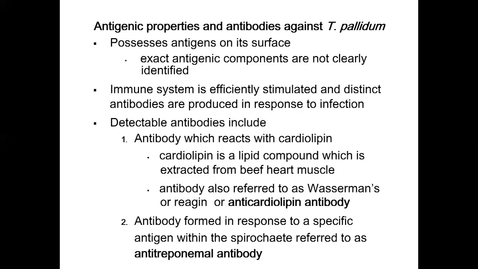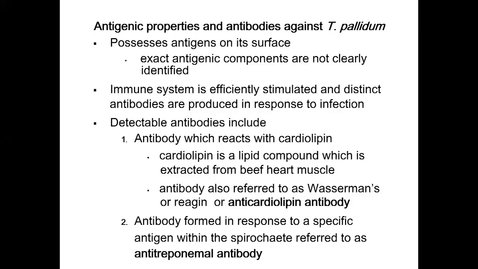So this is done scientifically, and it is packaged such that it can be used in the laboratory on a patient's serum to detect this antibody, the antibody that reacts with cardiolipin. So the antibody has many names. Among those names are Wassermann's antibody, reagin antibody, or anti-cardiolipin antibody.